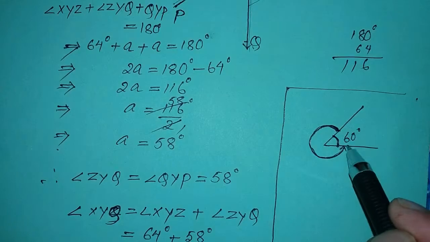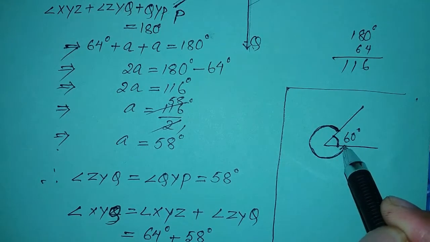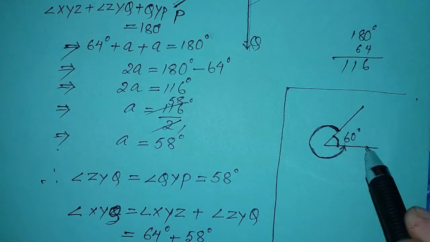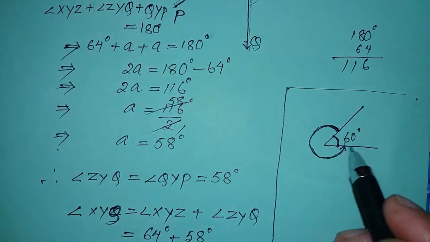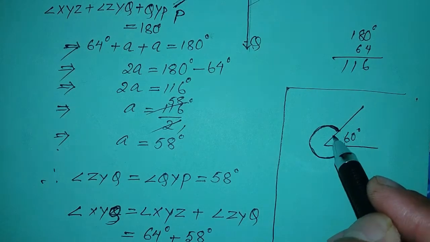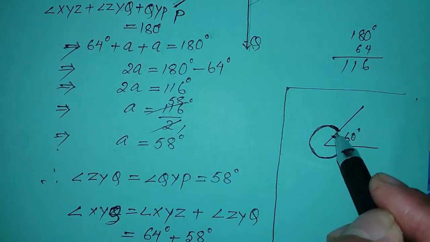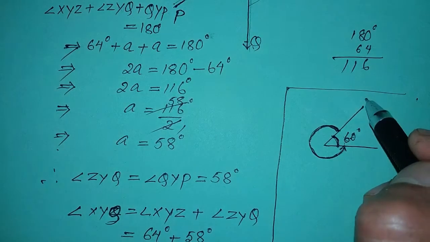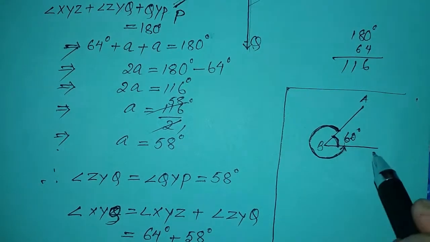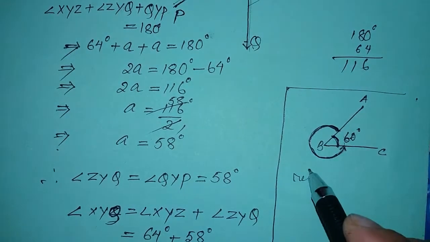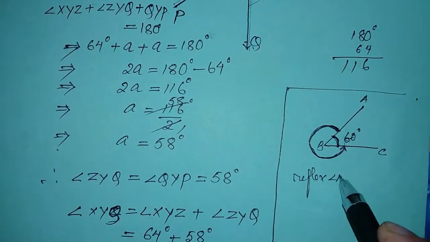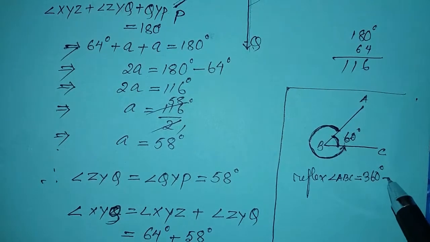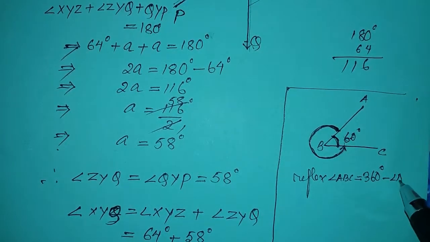Now we know that if we measure the angle starting from this point back to this point, we will get 360 degree, which is a complete angle. So since we already have 60 degree here, this remaining portion will be 360 degree minus 60. So if this is say angle ABC, then reflex angle ABC will be equal to 360 degree minus 60 degree.